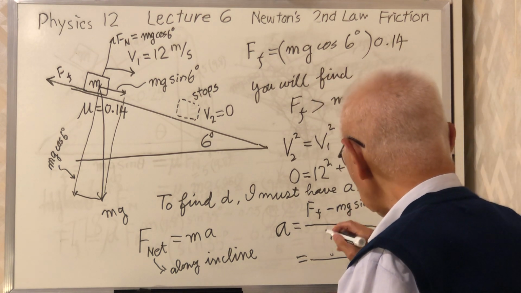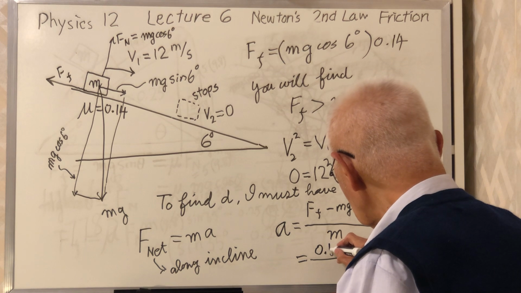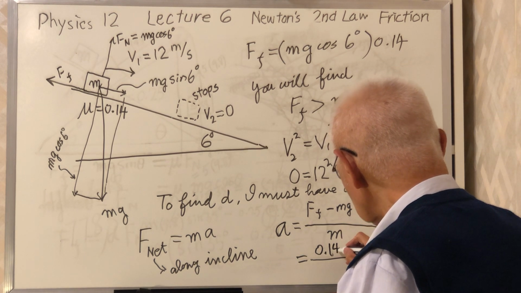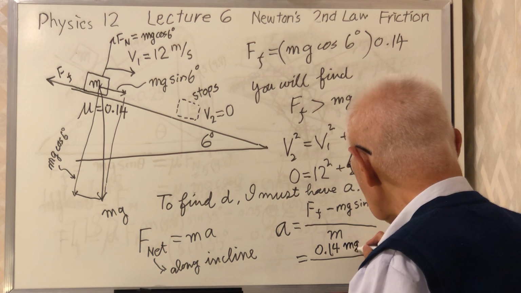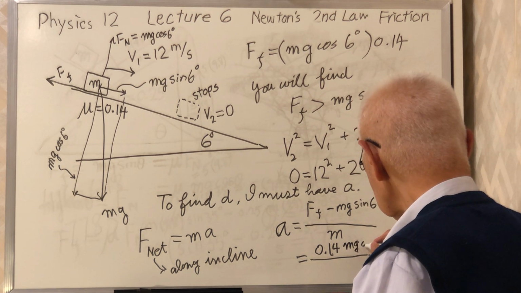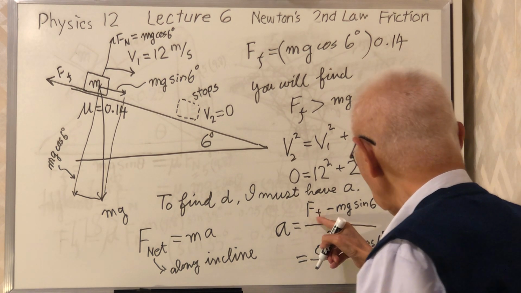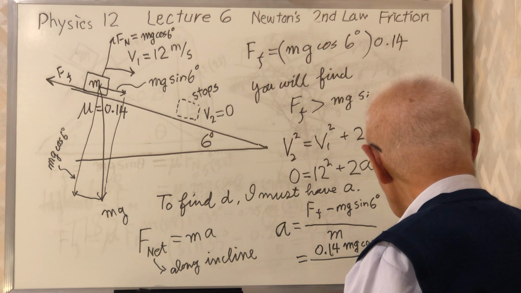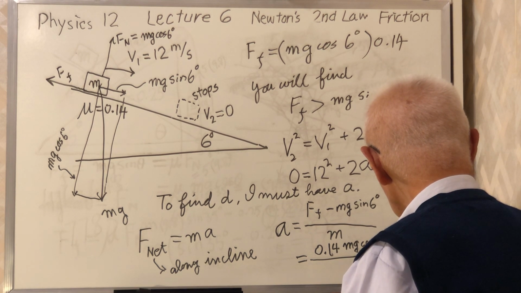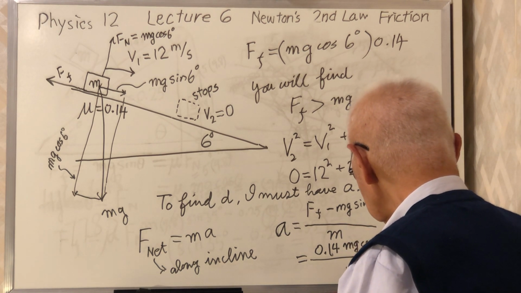Friction force is 0.14 mg cosine 6. That's the friction force minus mg sine 6. And this total thing divided by m.